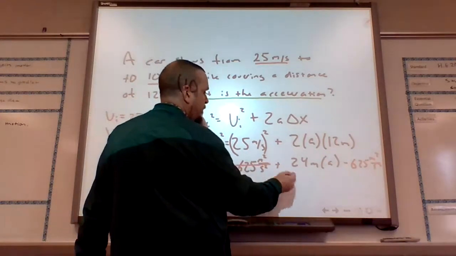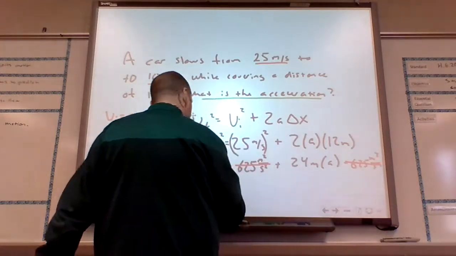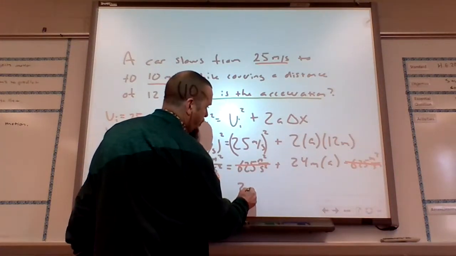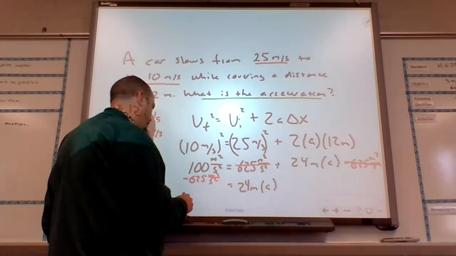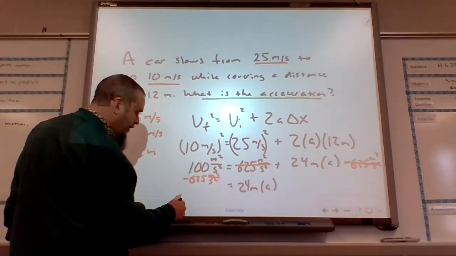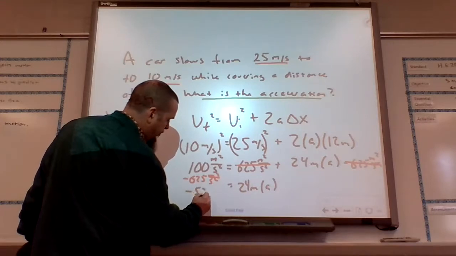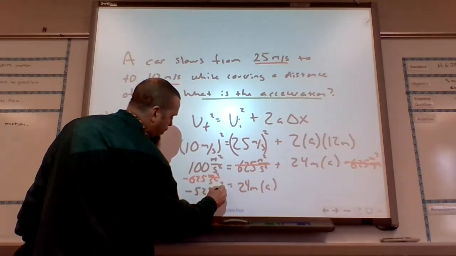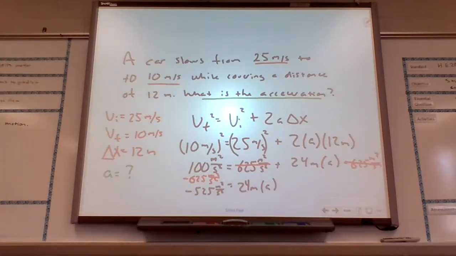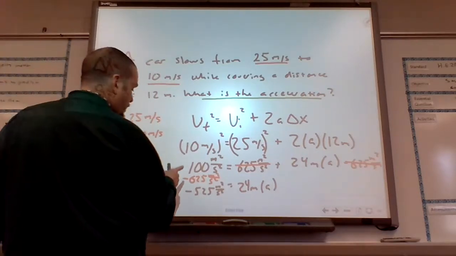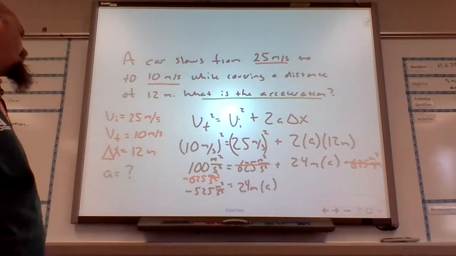So we can completely eliminate that over here. 24 meters times A equals negative 525 meters squared per second squared up here. And don't be worried about that negative sign. The object was slowing down, so we would expect a negative acceleration. And this negative sign is what's going to give us that negative acceleration.